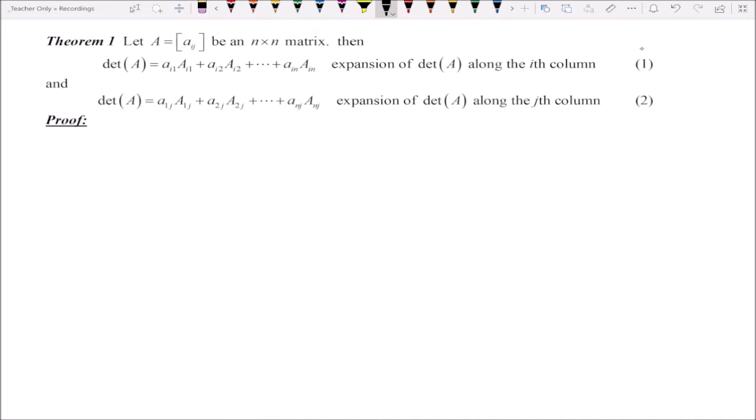In other words, it is the i1 entry times the i1 cofactor plus the i2 entry times the i2 cofactor plus so on and so forth plus the in entry times the in cofactor. And this is known as the expansion along the ith row. I'm sorry, that should be ith row.